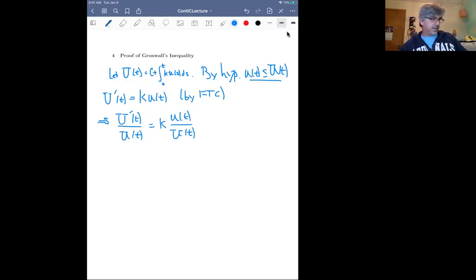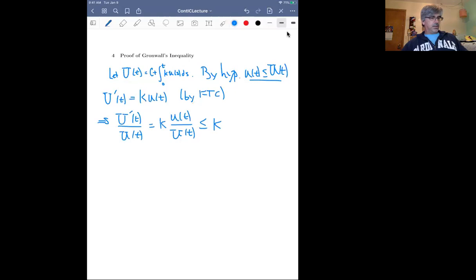And let's think about that second item there, the little u divided by big U. Little u in the numerator is less than or equal to big U in the denominator, by the hypothesis of the theorem. So this stuff here is less than or equal to 1, making what's on the right side of that less than or equal to k.